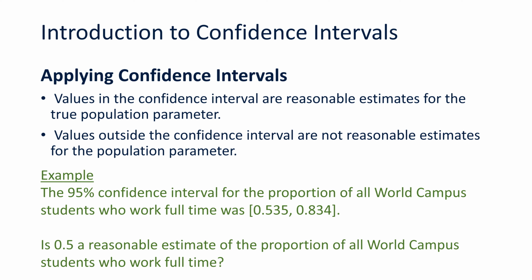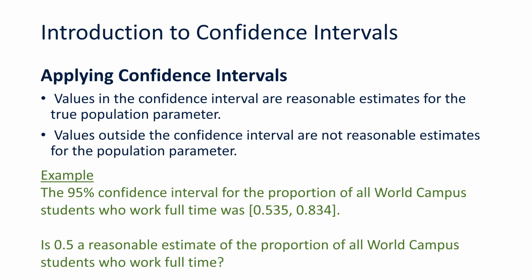The 95% confidence interval for the proportion of all World Campus students who work full-time was 0.535 to 0.834. Is 0.5 a reasonable estimate of the proportion of all World Campus students who work full-time?